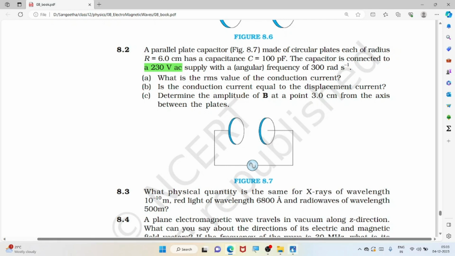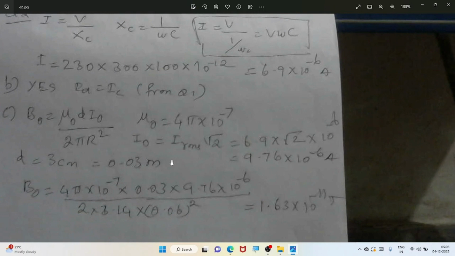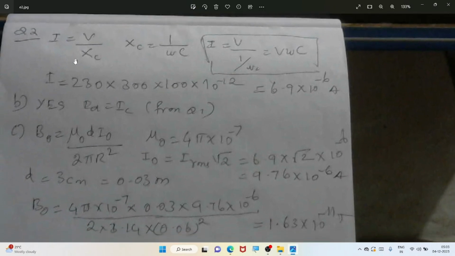Current equals voltage divided by reactance, Xc equals 1 by omega C. So if you substitute for Xc, I equals V divided by 1 by omega C, that means I equals V times angular frequency times capacitance. This is the current.